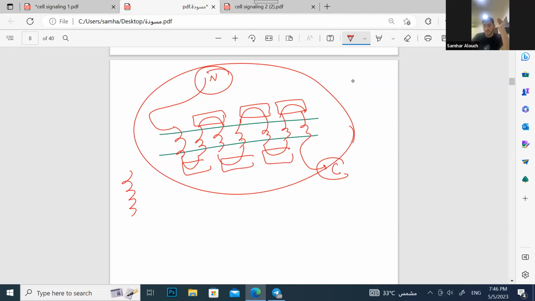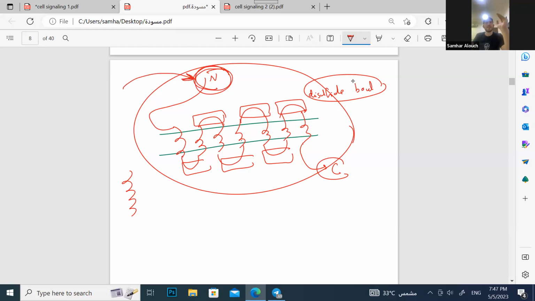Now, an important point to mention is that these bridges have disulfide bonds. He can ask you, what is the type of bond that keeps these bridges together? And it is a disulfide bond. This is the first important thing. Second thing, it has the N terminal outside, and since it's outside, it's the ligand binding site. So when the ligand binds, it will bind to the N terminal, okay, because it's outside.